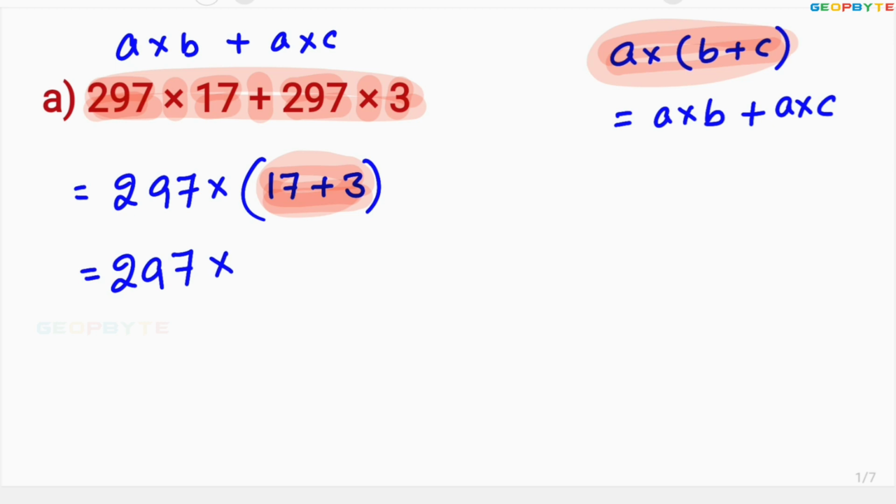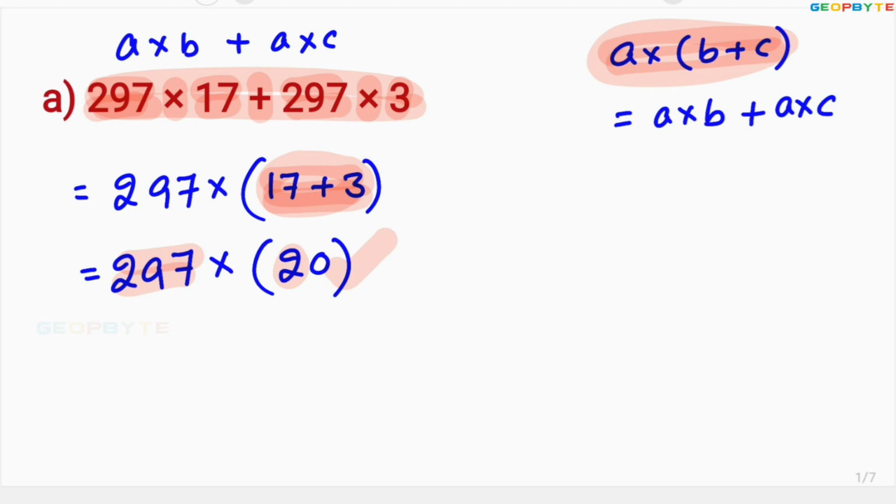Write that value: 297 multiplied by 20. Now you multiply 297 with 2, and after that value, you place the 0.